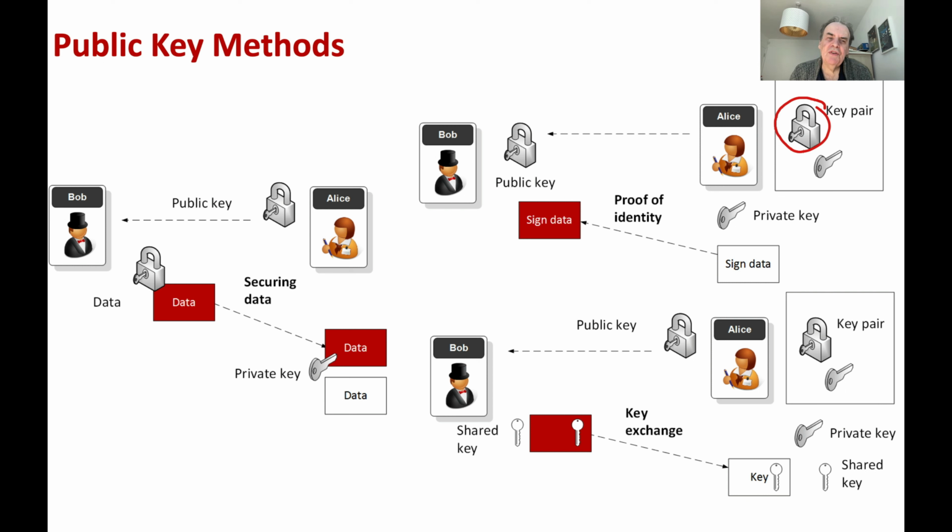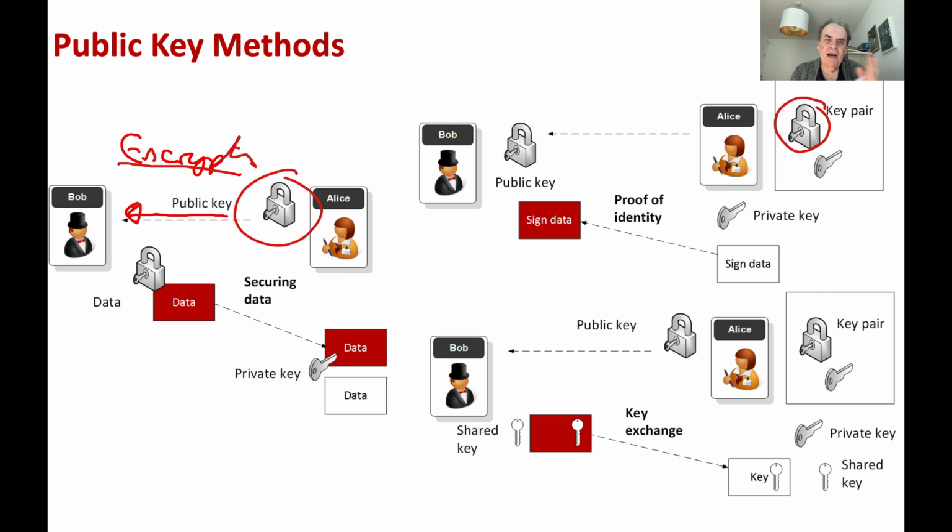So the main methods that we have to be able to apply our public key encryption is to use it for encryption. And in this case, Bob wants to send Alice a secret message. So Alice sends her public key to Bob. We'll cover how that happens because obviously we need to make sure that Eve hasn't sent the wrong key.